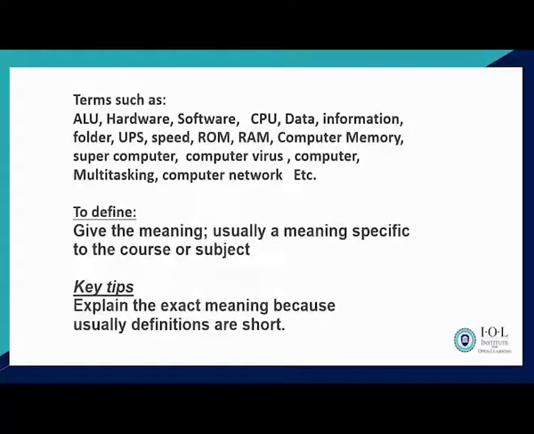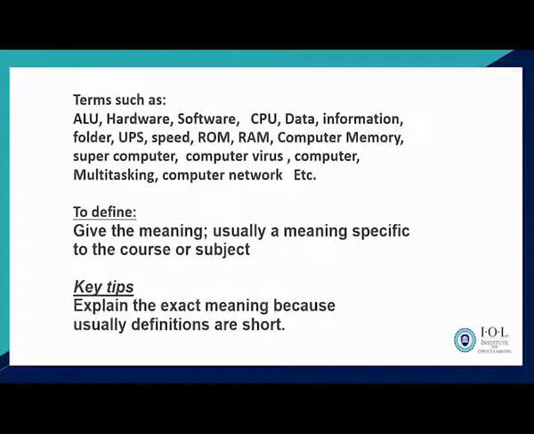Meaning each letter stands for a particular word. For example, for you to answer the question, first of all, give the meaning of ROM. Read only memory. Random access memory. Give the meaning first. Thereafter, you can explain what it means.